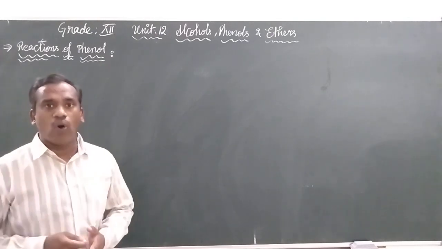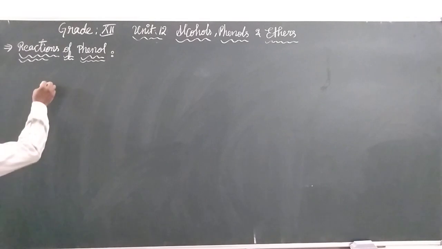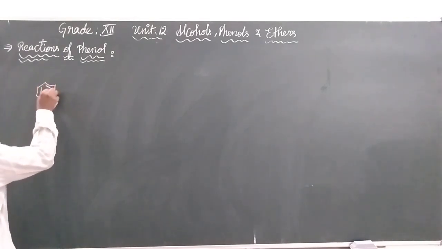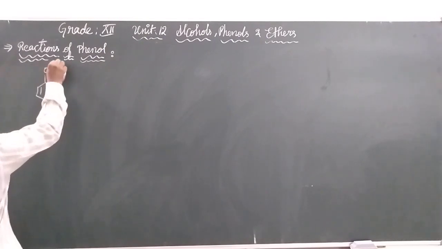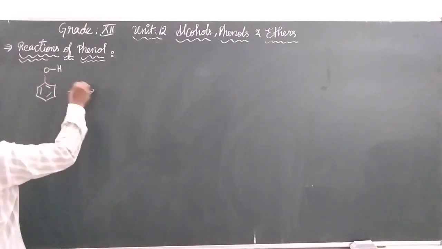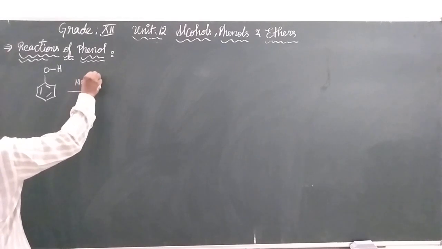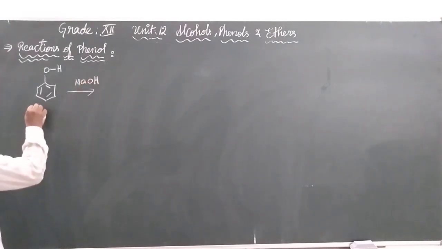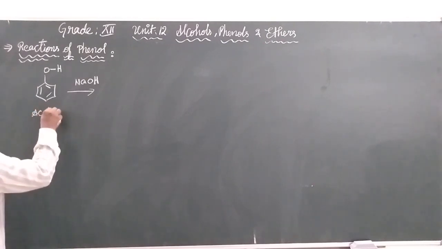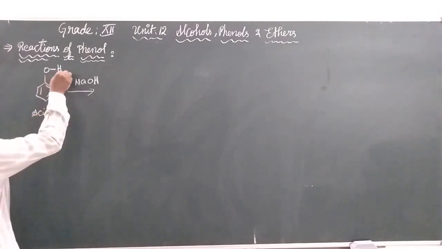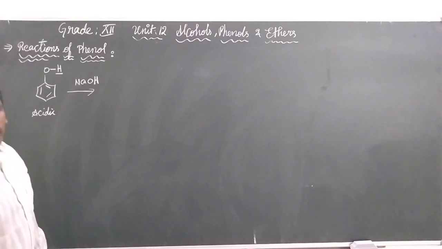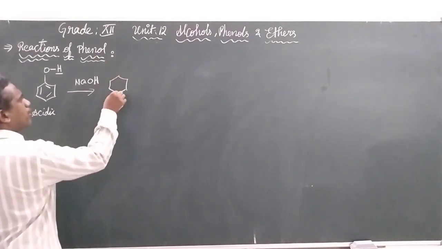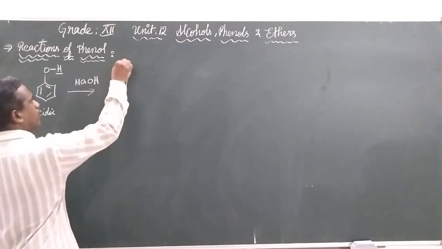Phenol readily reacts with a base like sodium hydroxide because it is acidic in nature. Hence, it readily gives up H plus ions, forming the sodium phenoxide ion.